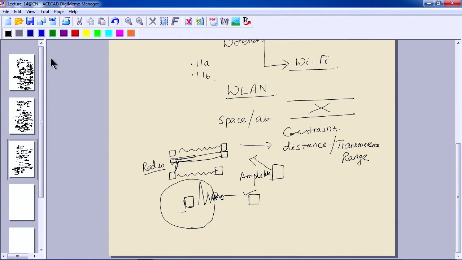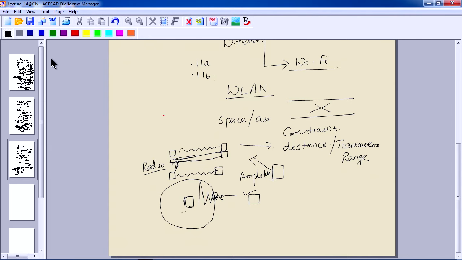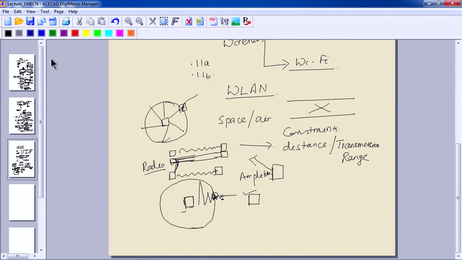It depends on the capability of the transceiver up to which it can transmit. So, every node you will see will always be encircled with a circle saying that this is the transmission zone of this node. Beyond that, it cannot transmit, the signal does not go, or the signal does not have any meaning. So, somebody has to be there at this boundary, either to transmit further or to amplify it or to relay it. So, that is one constraint.